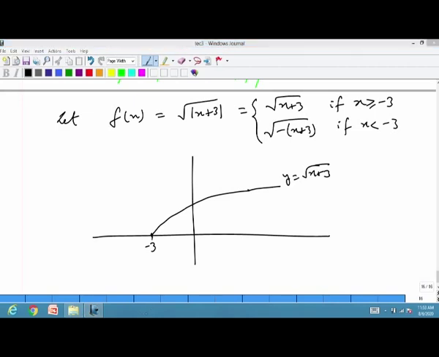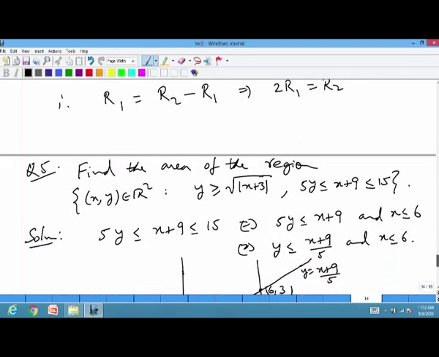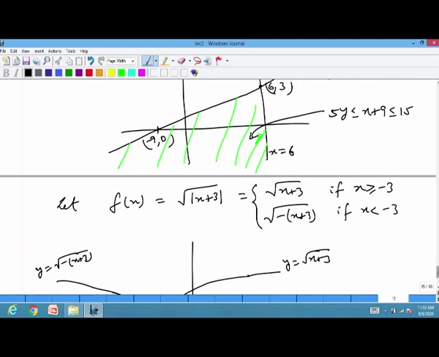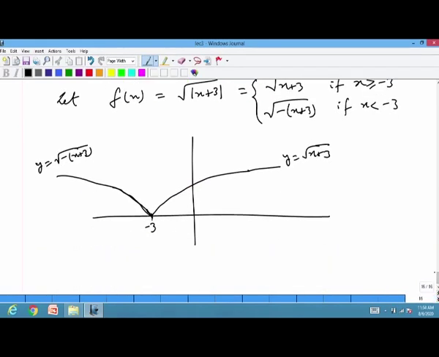So, this will be the other side, it is like this. So, this is the graph of f(x), this part is y equal to square root of minus (x plus 3). Now, what we have is the region is y is bigger than equal to f(x). So, y bigger than equal to f(x) will be the region above this. This is the region y bigger than equal to square root of mod (x plus 3).